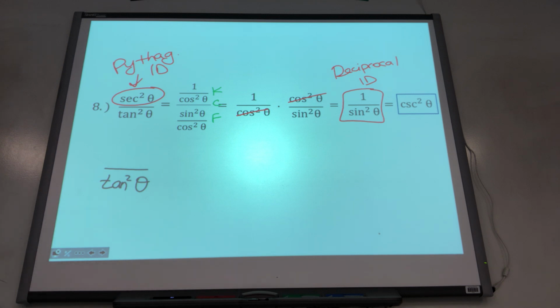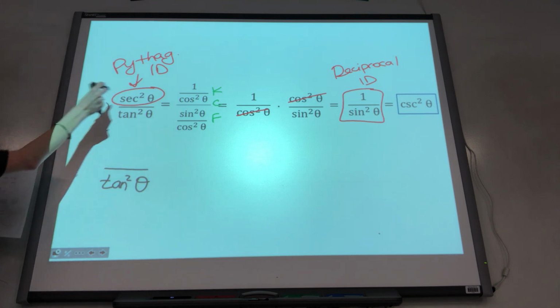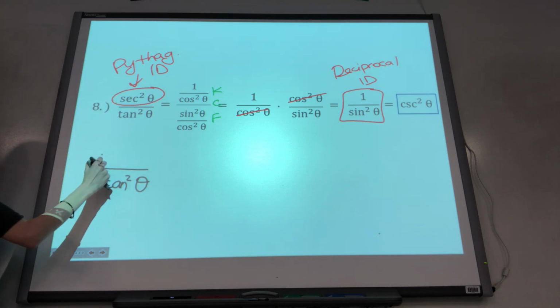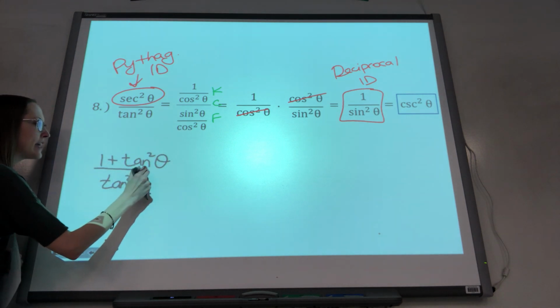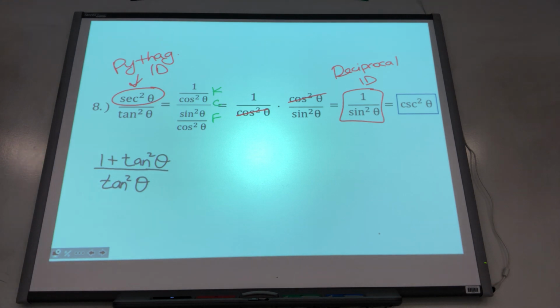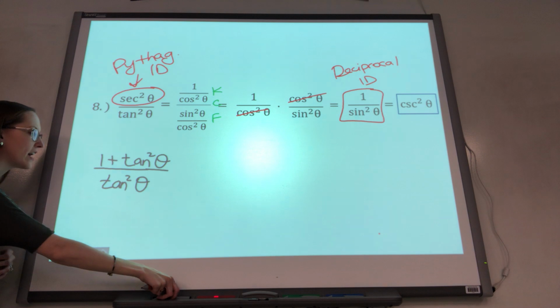And I think I've got one. Secant squared is equal to 1 plus tangent squared. So I rewrote the top part as 1 plus tangent squared.